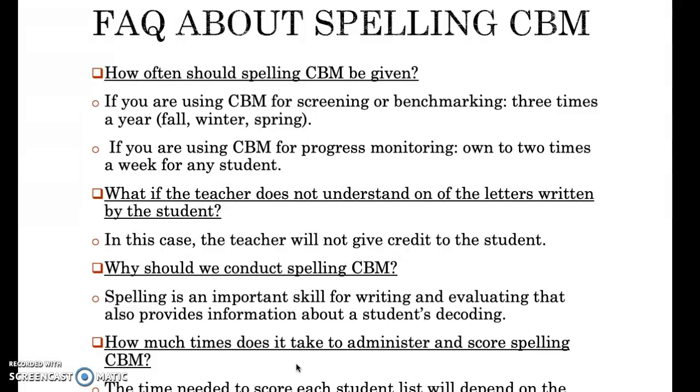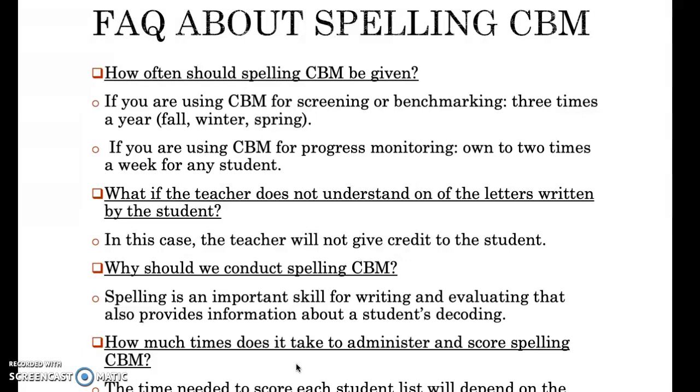What if the teacher does not understand one of the letters written by the student? So in this case, the teacher will not give any credit to the student, and he or she will also explain the reason why.